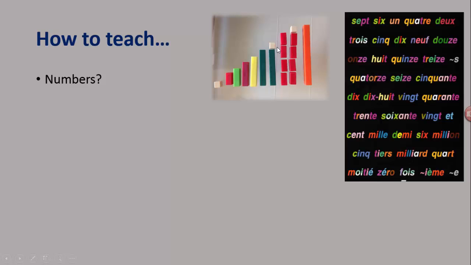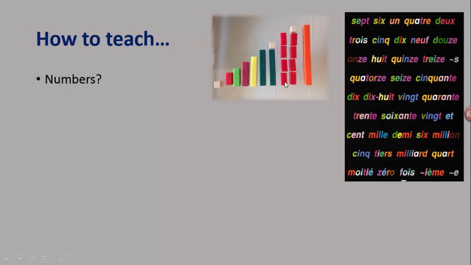It helps the student to learn the new numbers, because over 60 in French, these numbers are difficult to learn. For instance, 70 in French is said 60, 10. So here we can visualize that it's the same as 60 and we added 10. The next number was supposed to be 80.